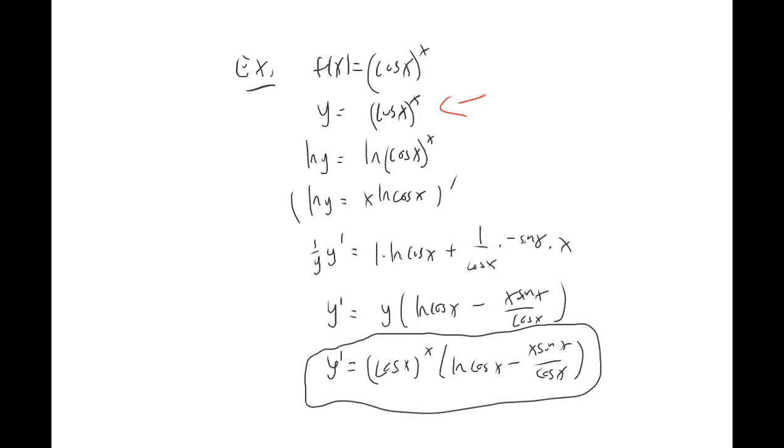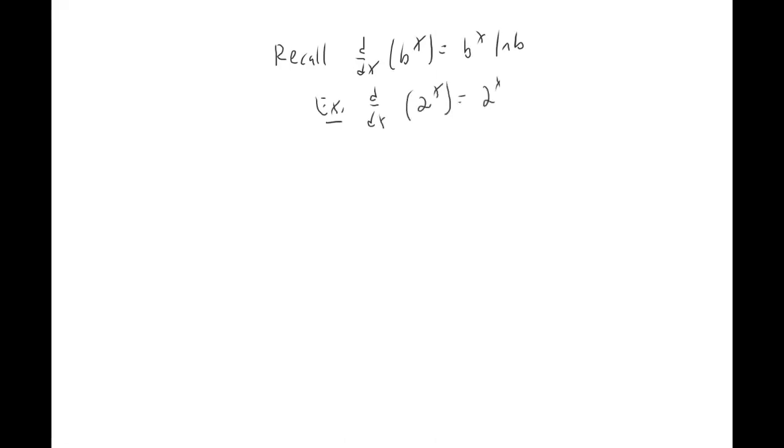Let me just say this holds even if you have a number on the bottom. If you recall, we said d dx of b to the x is b to the x ln b. An example would be what we did before: 2 to the x is 2 to the x ln 2.